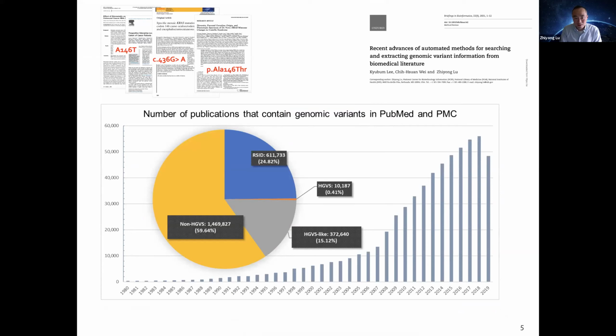We have estimated that even though there is a nomenclature naming convention for sequence variants, if you look at the literature, only less than 1% of the variants or mutations are written by the authors using HGVS. In the majority of cases, they are not following the convention. This is because I think authors are creative, and also because the language is rich and ambiguous.